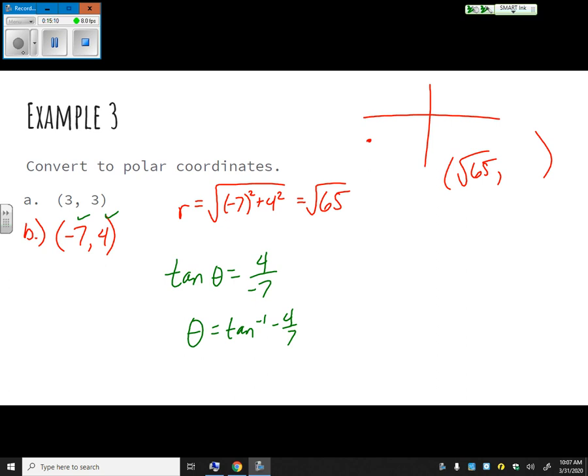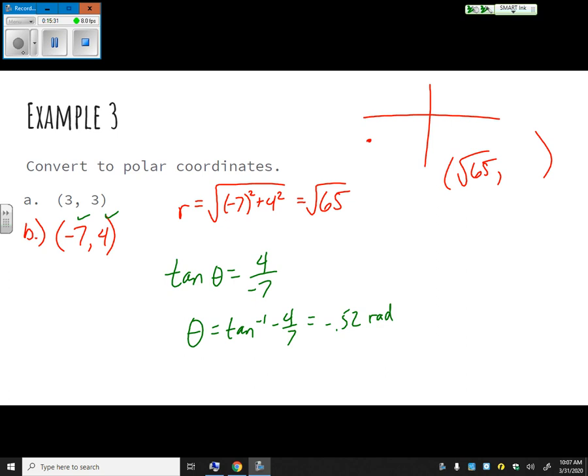So I'm going to switch it real quick to radians. And I'm going to hit second tangent. It gives me tangent inverse of negative 4/7. And that gave me negative, we'll just say 0.52 radians.